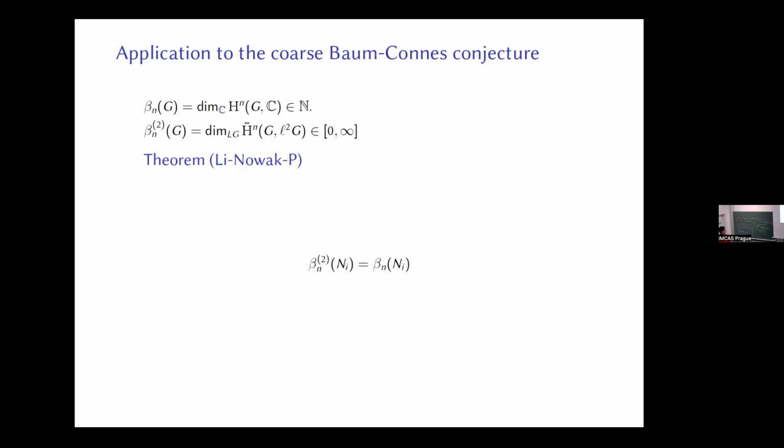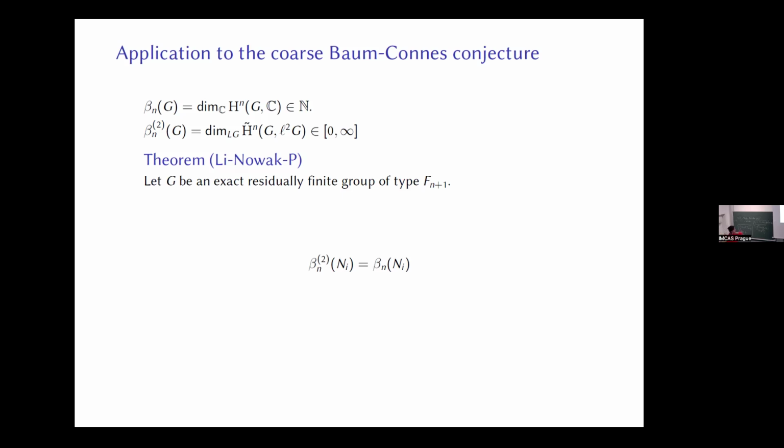While, as we saw, L²-Betti numbers are defined as the von Neumann dimension of this module, and as such they lie in an interval. So there is quite a difference between what one can obtain as L²-Betti numbers or Betti numbers. The conclusion of this theorem is that one has an identity between these two invariants for some subgroups, and we will see the conditions to get this equality.